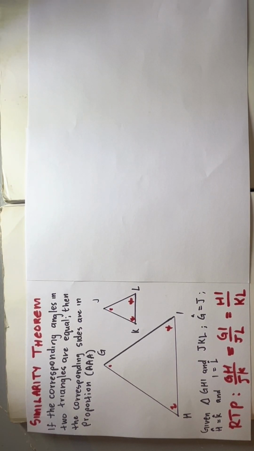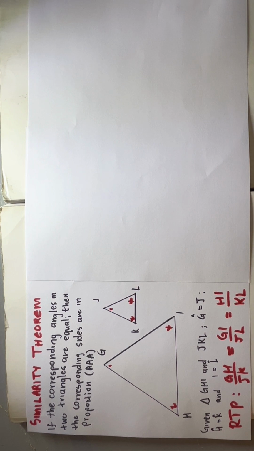Greetings everyone. What we are going to be looking at today is our similarity theorem. I think it is important that we first get a little understanding of what the similarity theorem states.